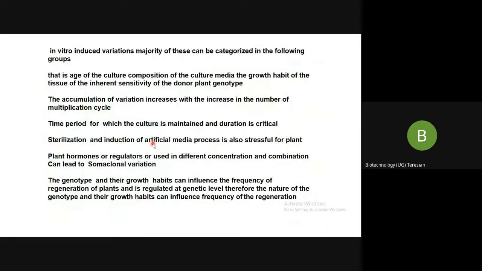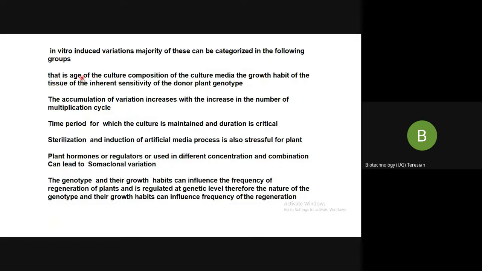So that is what we'll be looking at in this slide. In vitro induced variations, the majority of these can be categorized into the following groups.